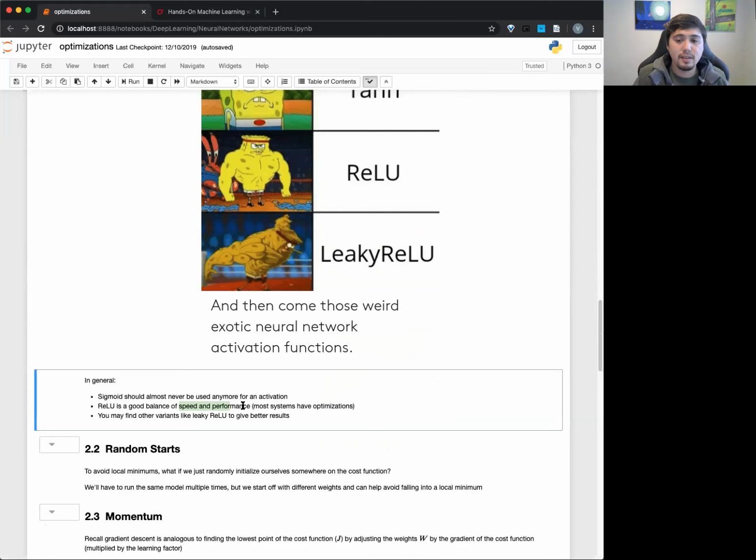There are other options like leaky ReLU and ELU, which is like ReLU but with an E, exponential. Those will technically take longer to converge, but they might get better performance. However, because ReLU is pretty optimized, you can probably just use ReLU and not think too much about it, because you'll be able to do more iterations faster. Within the same amount of time, you'd probably get similar performance.